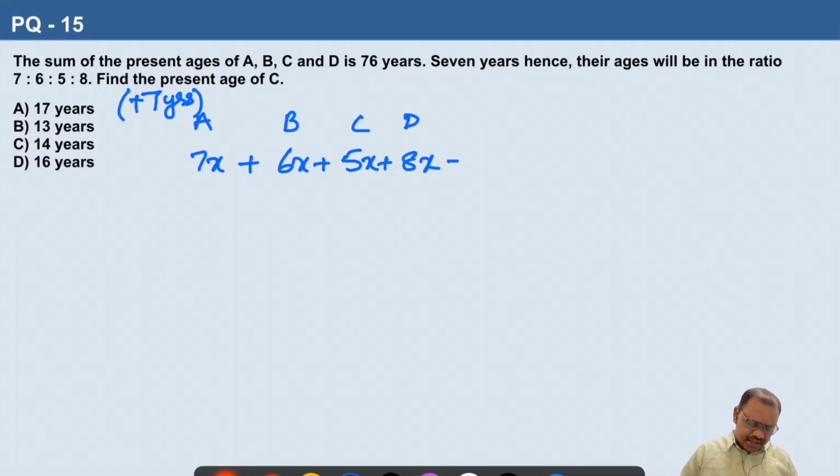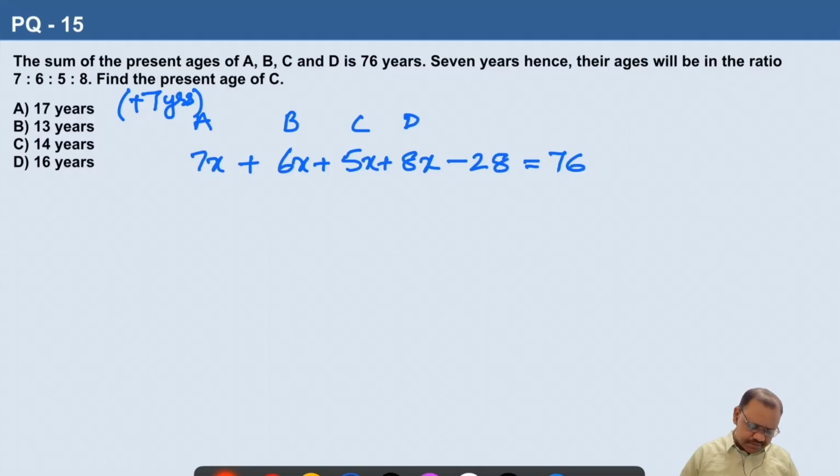If you subtract, you will get the sum of the present ages. The sum of the present ages according to the question is 76.